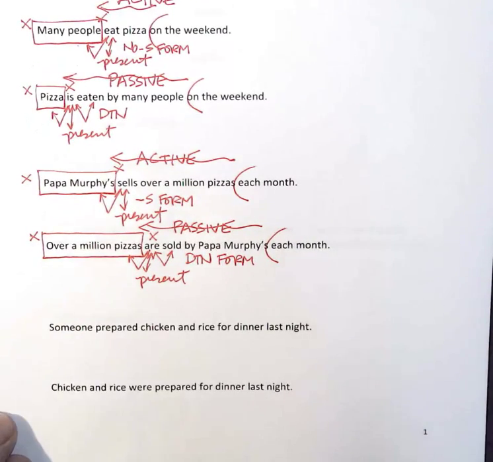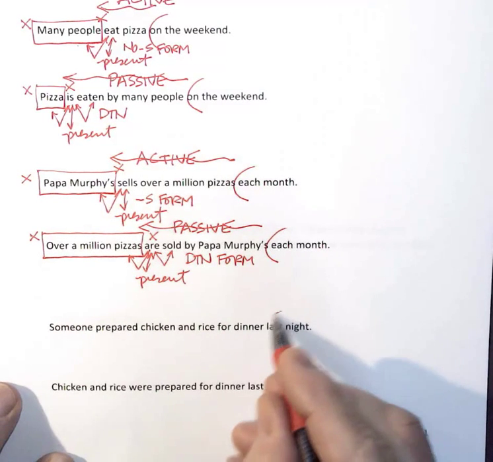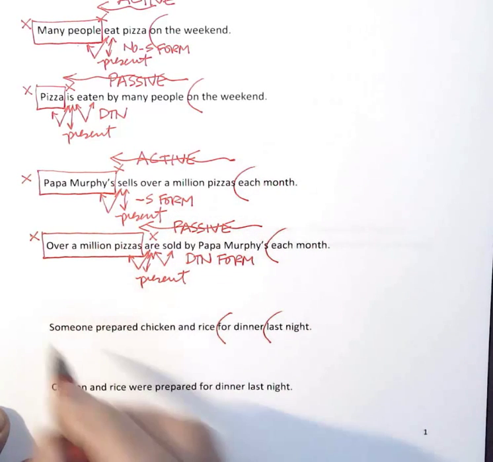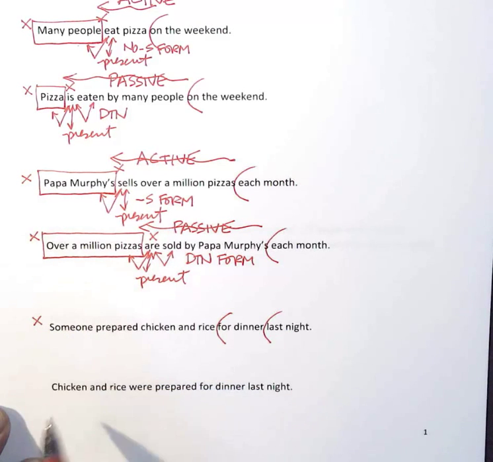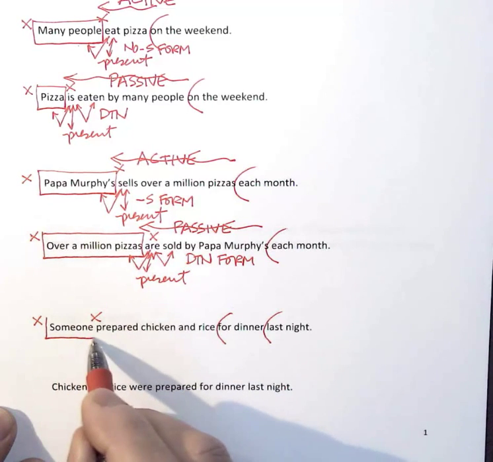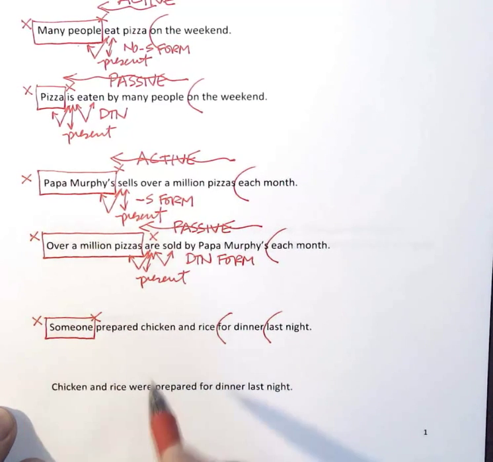Let's take a look at just one more, and then we'll go on to something else. Someone prepared chicken and rice for dinner last night. Last night, someone prepared chicken and rice for dinner. For dinner last night, someone prepared chicken and rice. We have two shifters. The X word is did. Did someone prepare? Someone didn't prepare. Someone is the subject.